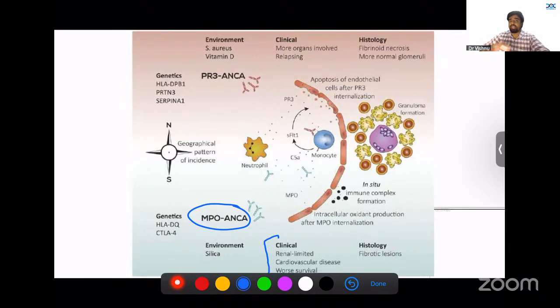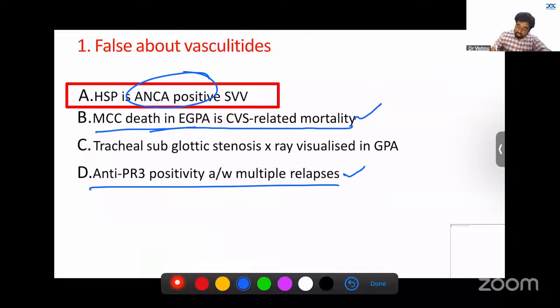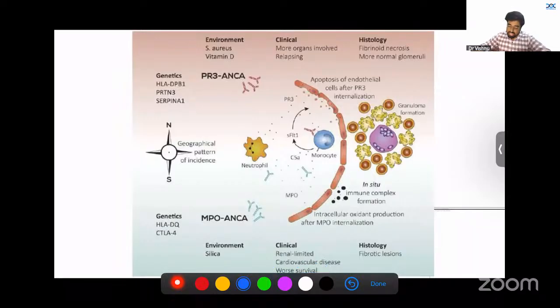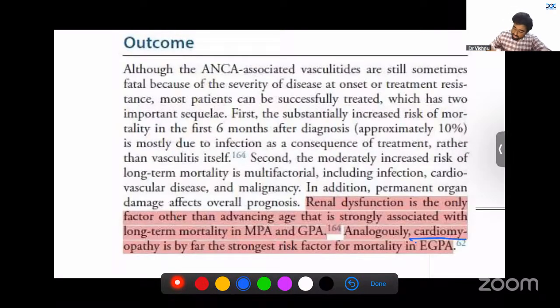While in your PR3, it is more of relapsing disease that occurs, more debilitating in terms of the organs that are involved, yes, but mortality is actually more in your MPO. So this time they did focus upon the relapses part. Next time they may ask you about which has a worse survival or where the mortality is more. Yeah, so this is the question that was asked.